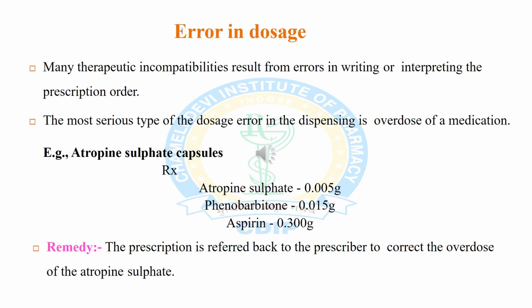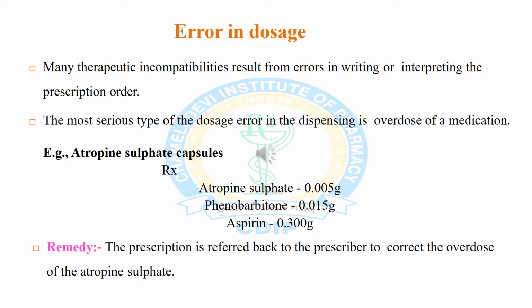The most serious type of dosage error in dispensing is overdose of medication, because in case of overdose, the drug cannot easily be withdrawn from the body of the patient, so overdose can be dangerous.